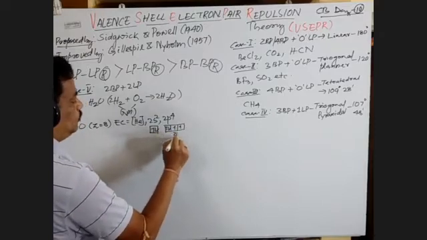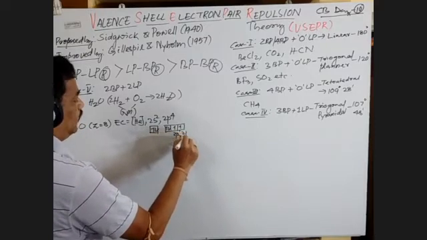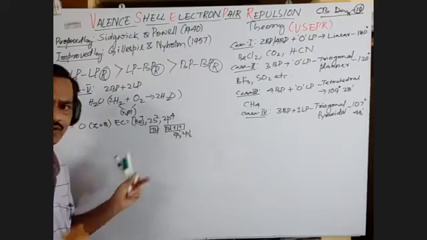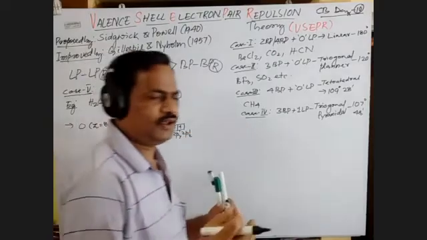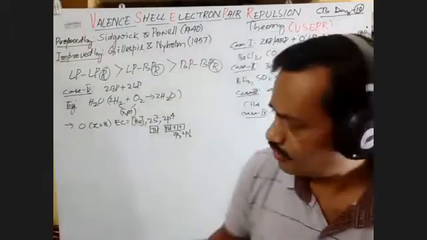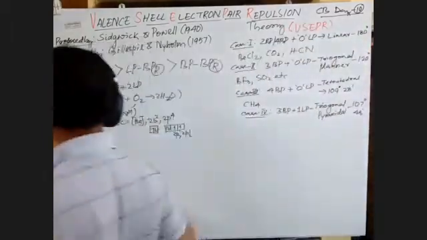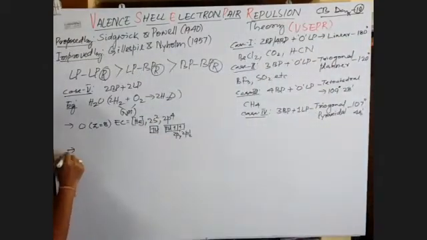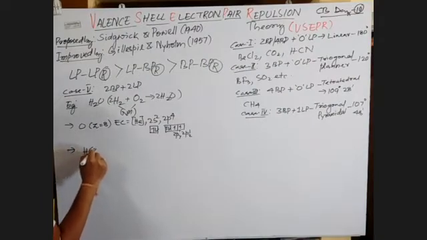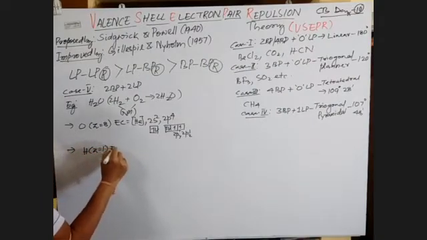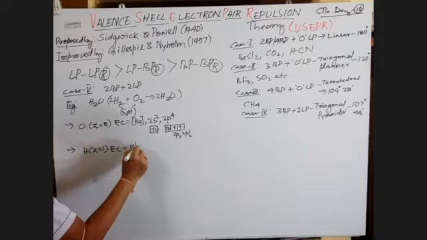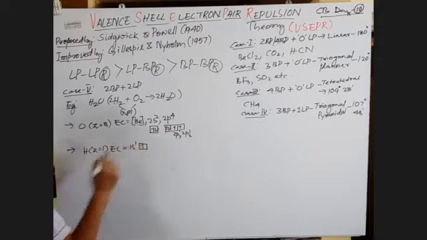So it has 2 unpaired electrons. That's why it will share with 2 hydrogens. Hydrogen atomic number is 1, the electronic configuration is 1s1, so it has 1 unpaired electron in the s orbital.